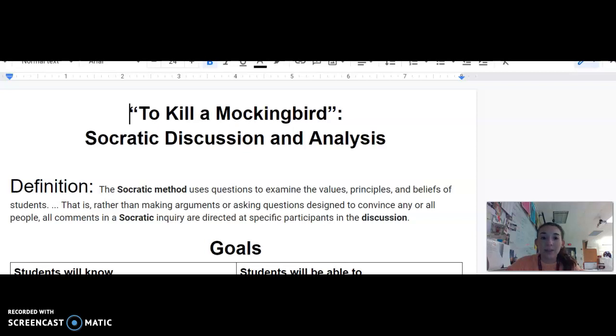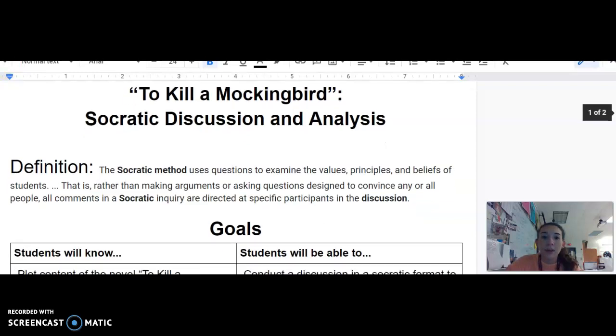That is, rather than making arguments or asking questions designed to convince any or all people, all comments in a Socratic inquiry are directed at specific participants in the discussion. So we are not looking to argue, but to have a discussion with our classmates to find common ground as far as how we differ in our opinions and also how we have similar views.